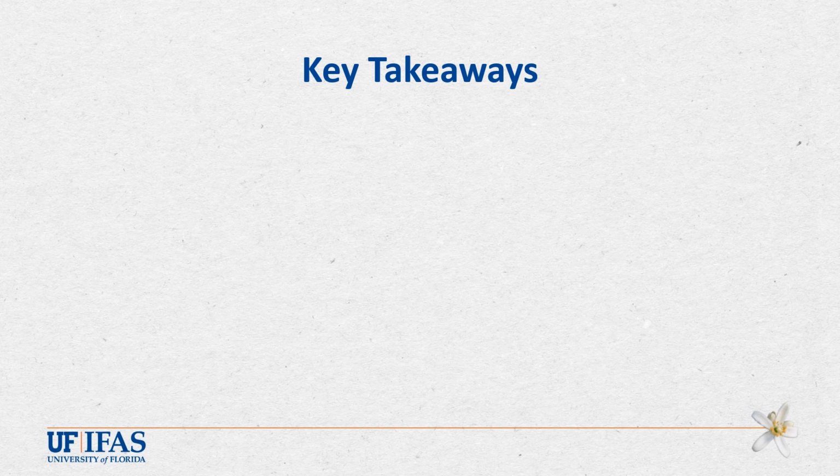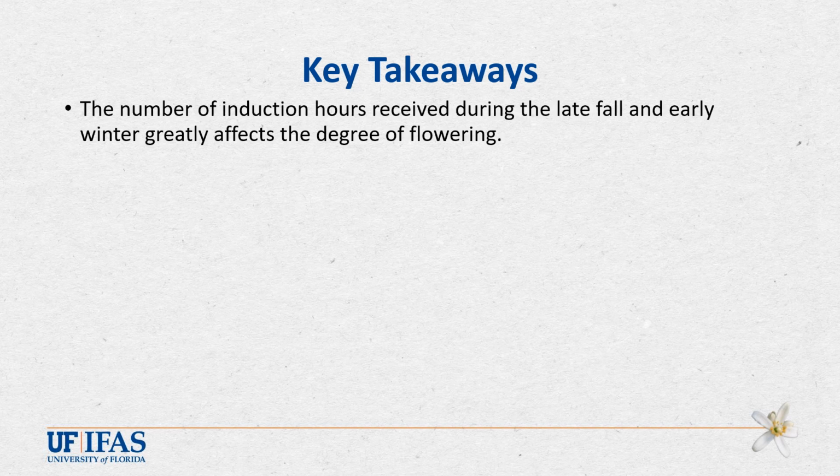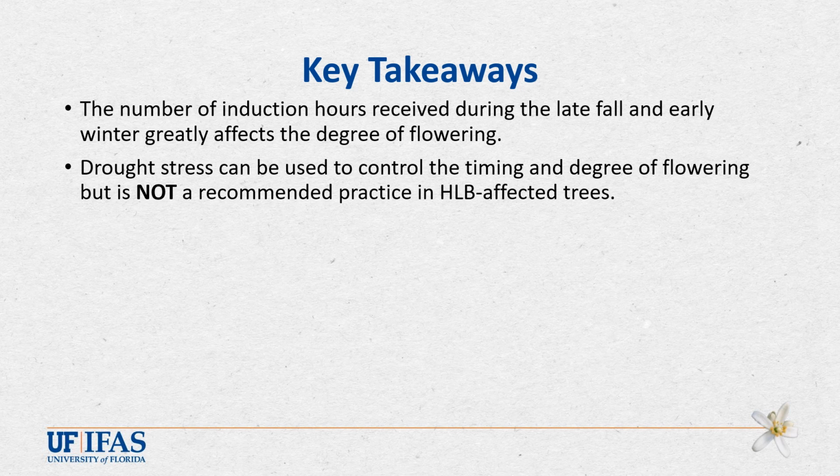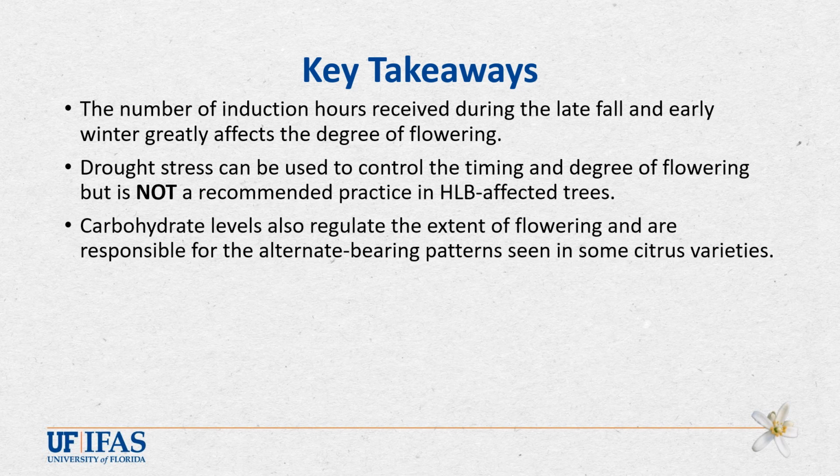Before we wrap up this video, let's review the major takeaways from this section. The number of induction hours received during the late fall and early winter greatly affect the degree of flowering. Drought stress can be used to control the timing and degree of flowering, but is not a recommended practice in HLB-affected trees.